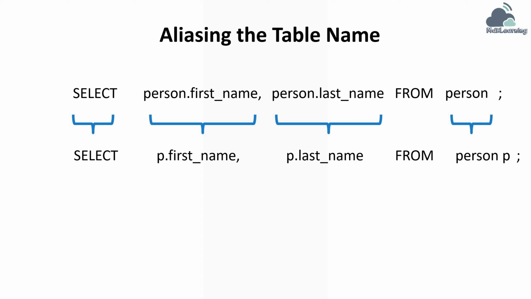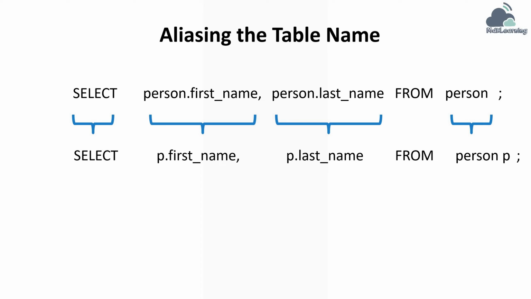This is the way that you can simplify that task of always qualifying the column names with the table names. Even in a simple case like this, by aliasing the table name, you've saved yourself 14 characters of typing, and it actually is a little bit easier to read, because in your mind you can just do a replacement of, okay, P is the person table, so I can read this as select person dot first name, comma, person dot last name from person, right?